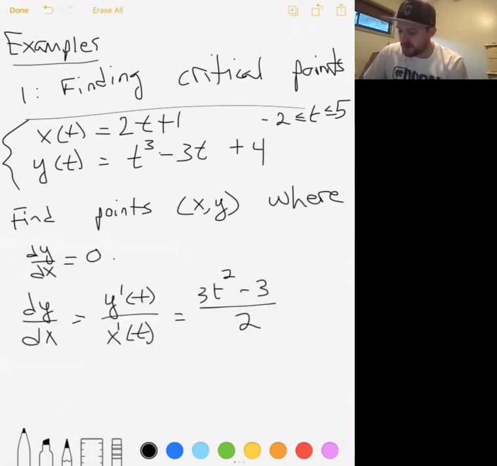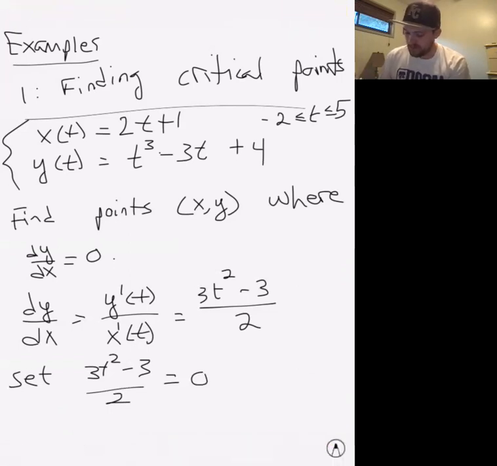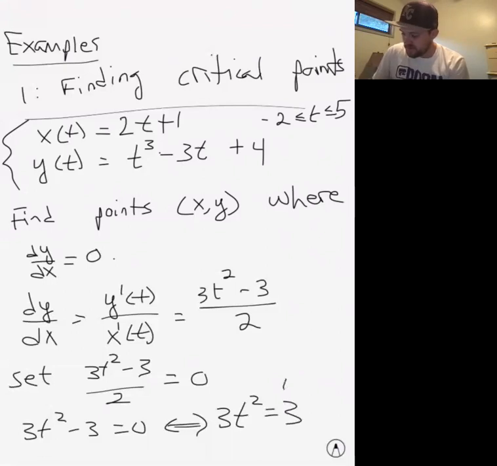And to find critical points, we want to set the derivative equal to 0 and solve for t values. If we set this equal to 0, well, the 2 vanishes, so then we just get 3t squared minus 3 equals 0, which is the same as saying 3t squared equals 3, which is the same as saying that t squared equals 1.